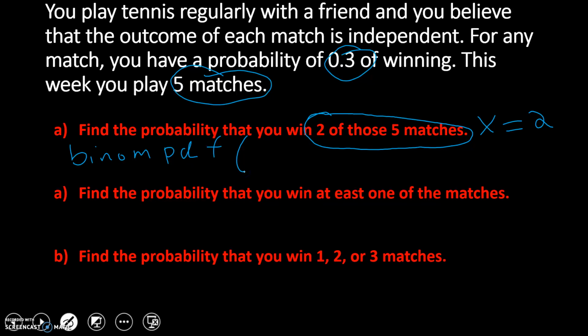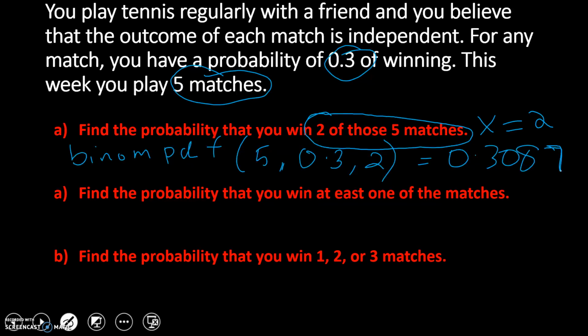Five is our number of trials, 0.3 is the probability, and 2 is the number of outcomes. On my calculator, second vars, option A, binomial PDF, trials 5, probability 0.3, value 2. My answer is 0.3087.